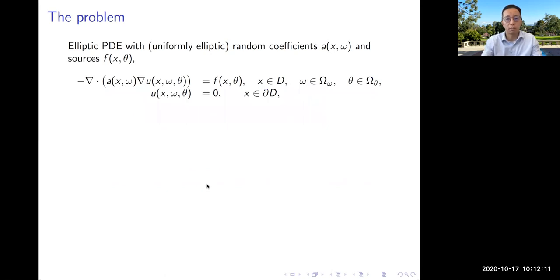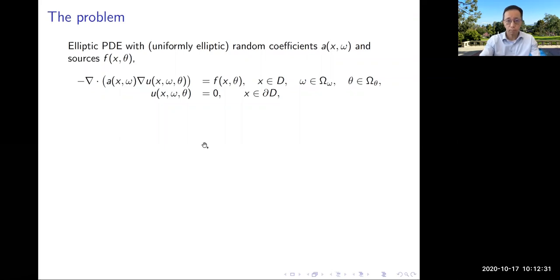So again, I'm interested in solving a family. This family is parameterized by random variables or some parameters omega in the coefficients, and some parameters or randomness theta in the source.